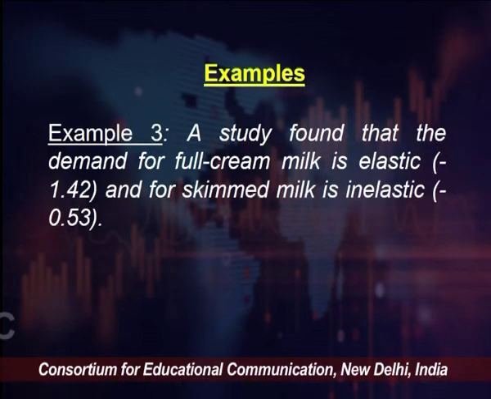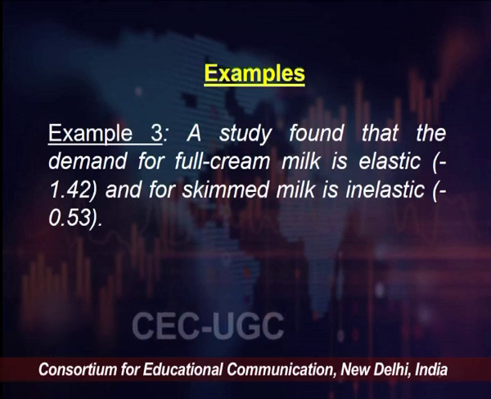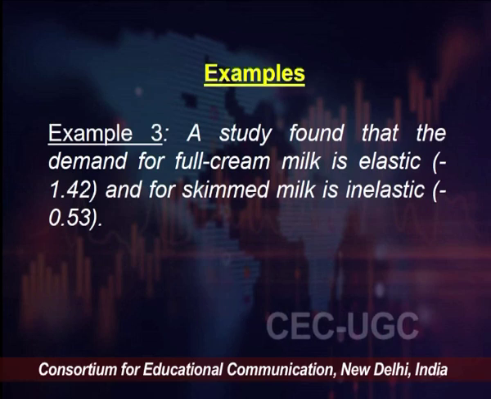Okay, then we have another statement here. A study found that the demand for full cream milk is elastic. Here the price elasticity of demand was found to be minus 1.42, and for skimmed milk the demand is inelastic, with the elasticity of demand with respect to price found to be 0.53.